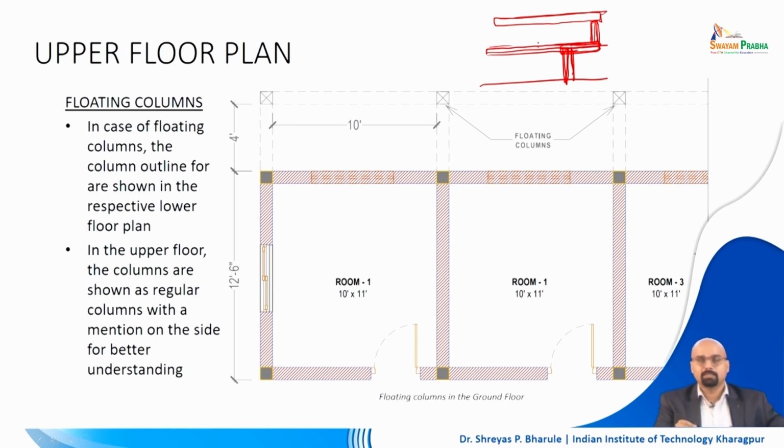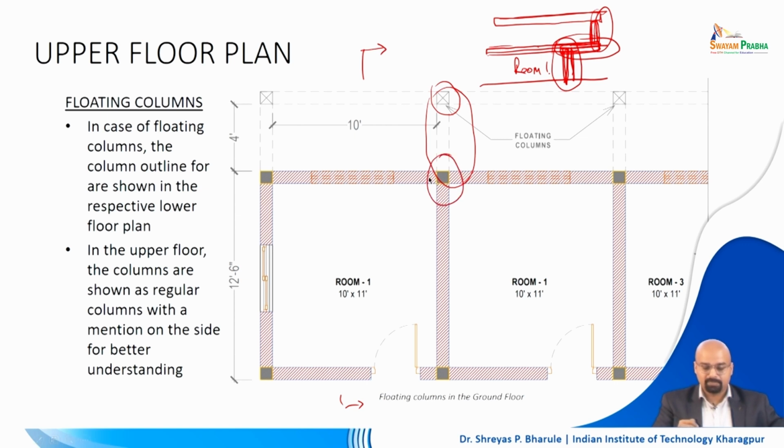right. This section when represented in a plan would look something like this, right. Here at the ground floor level you have room 1, and you are looking at this side. Okay. In that particular case, you will have this floating column represented in this particular way, wherein this beam is represented in this particular fashion, and the solid column which is there in room 1 will be represented in this particular manner, right.